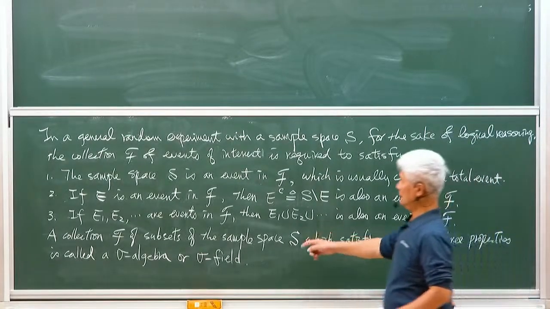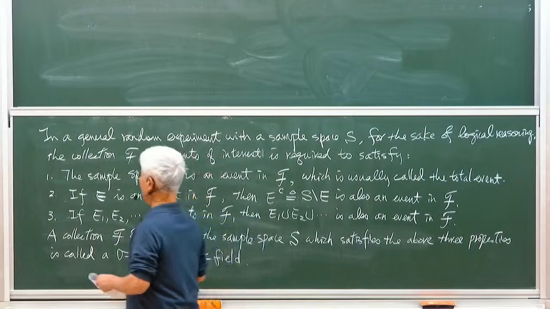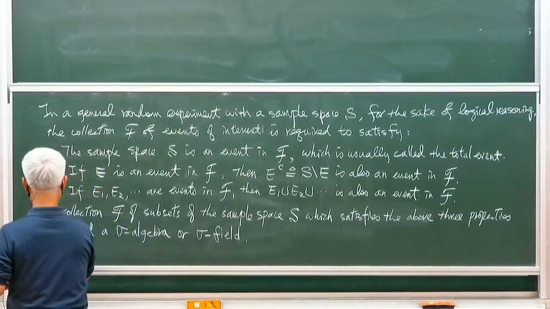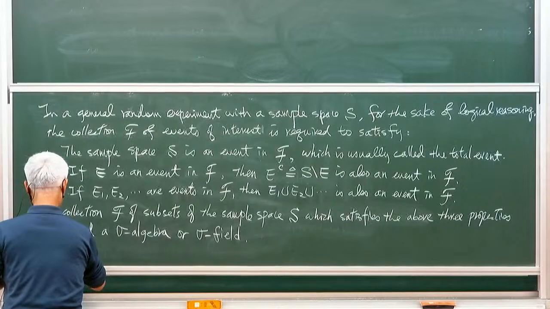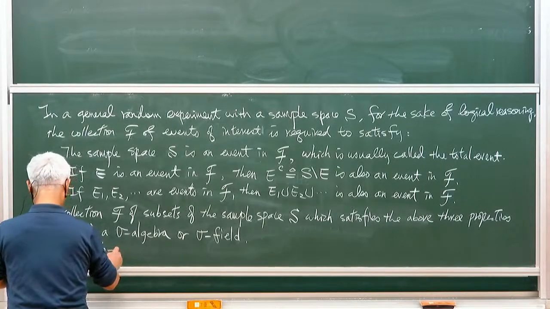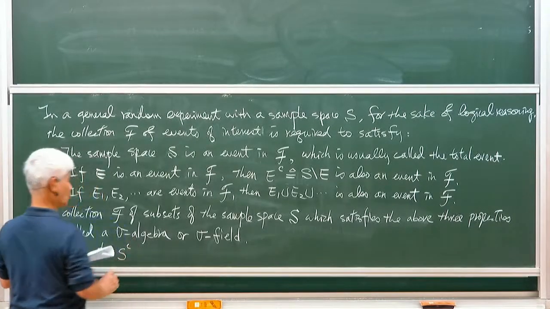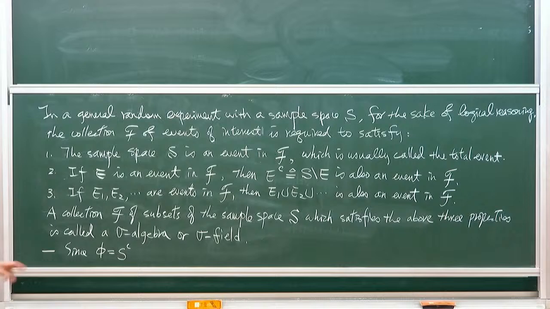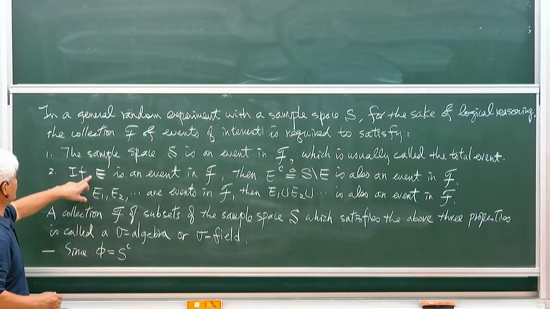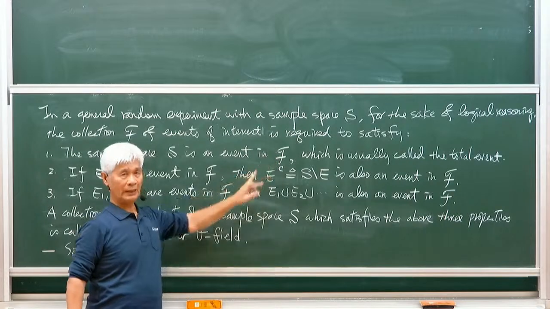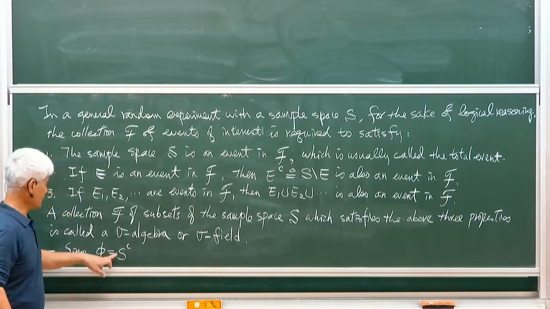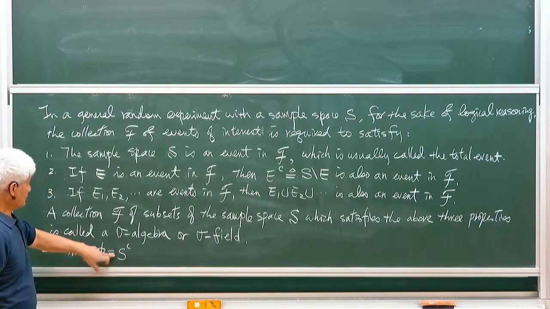Okay, so now a remark here. Because the empty set is the complement of the total event, and we know the total event is already in F, right? The empty set is the complement.